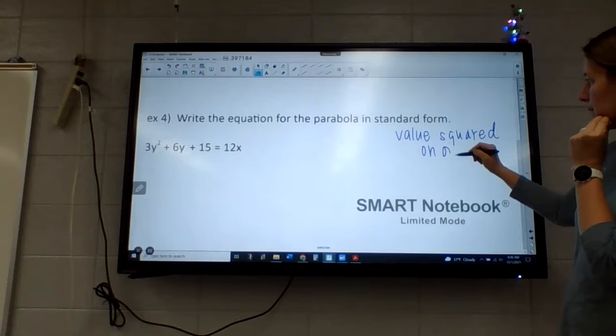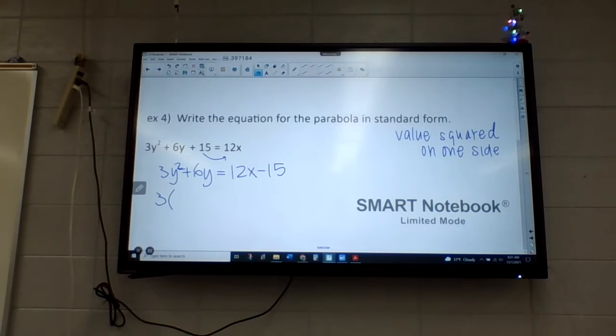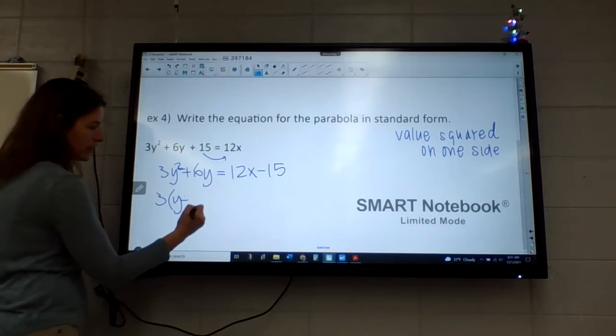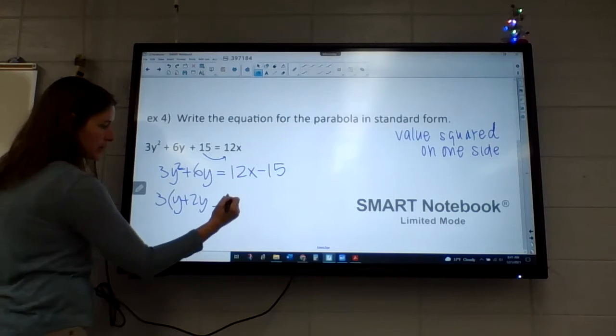Alright, so out of these two, we're now going to factor out a 3, because we want to do completing the square. Because remember, we want it to be our y minus h squared. Make sure you guys are following along here. Leave a little space here.